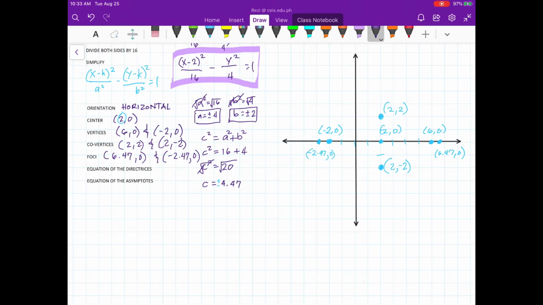For the directrix, we use this. Substitute the values we have.